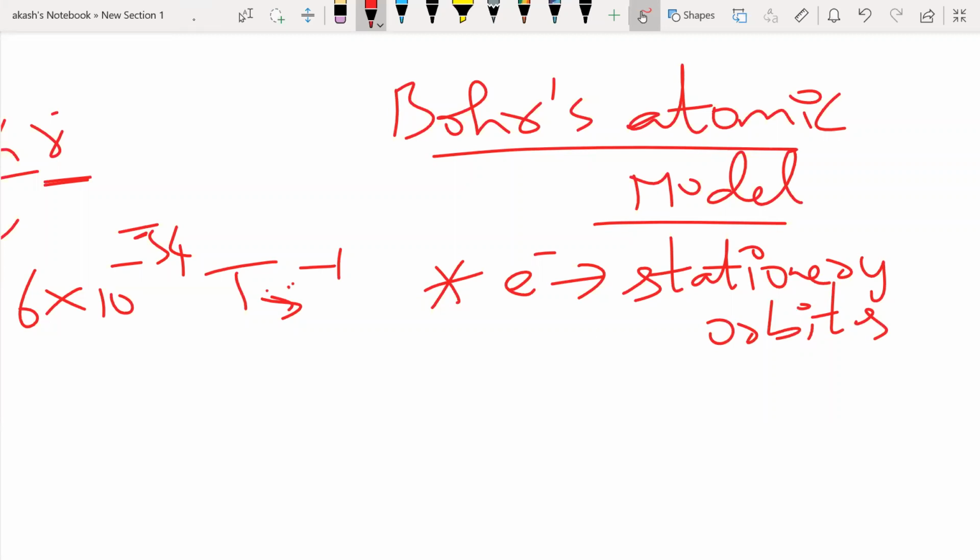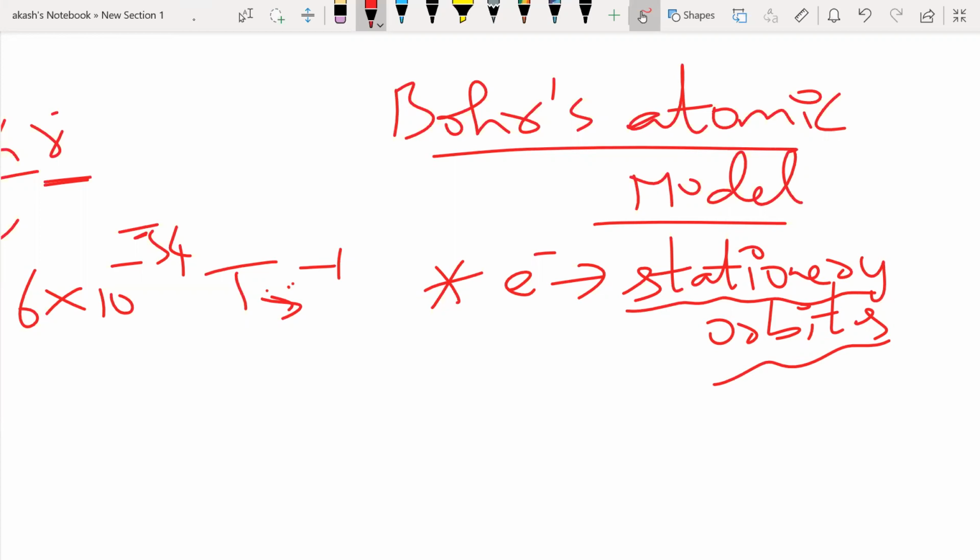Electrons revolve around the nucleus, not randomly. You cannot have random positions for the electrons. They are going to be in their own homes, called their stationary orbits. Each and every electron has its own home. It's not like all the electrons will have the same homes. Every electron has its own stationary orbit.